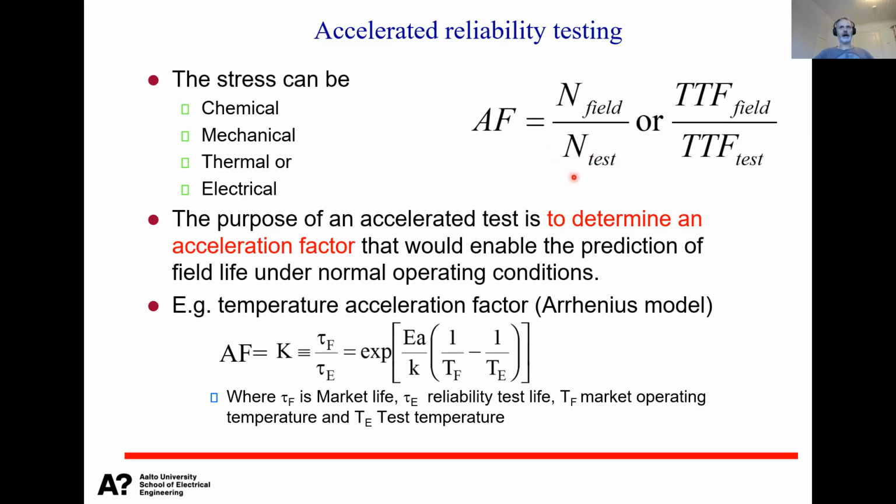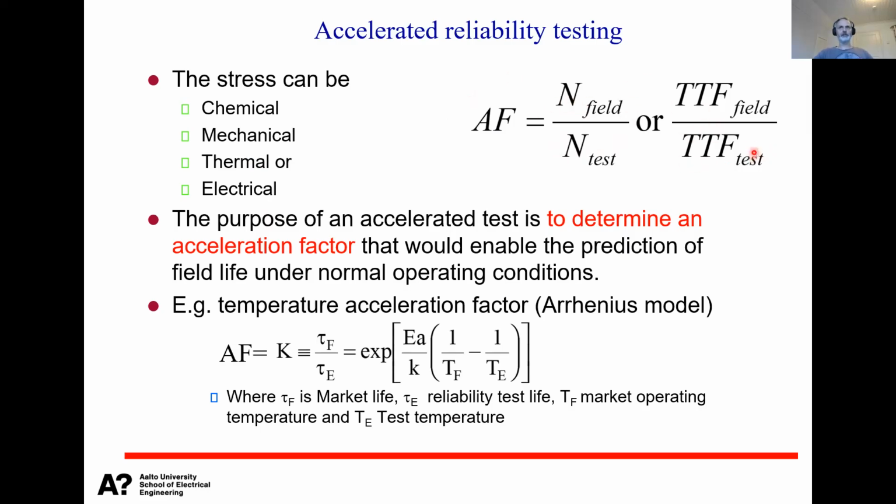So if you have an acceleration factor of 1000, it means that if your cycles to failure in your test is 1000, then the cycles to failure is 1000 multiplied by 1000, which, if I'm correct, is 1 million cycles to failure.